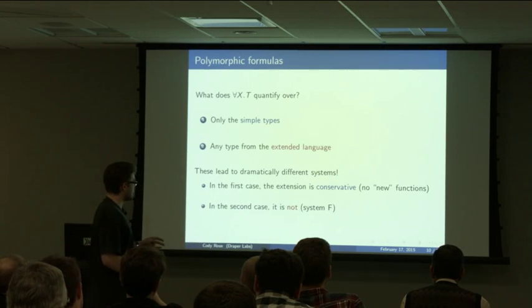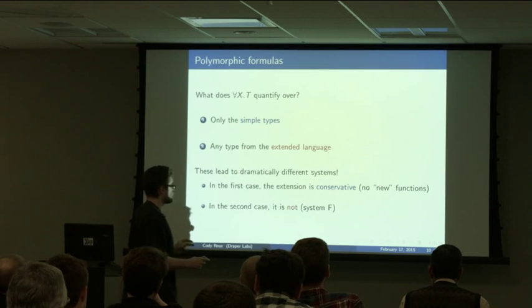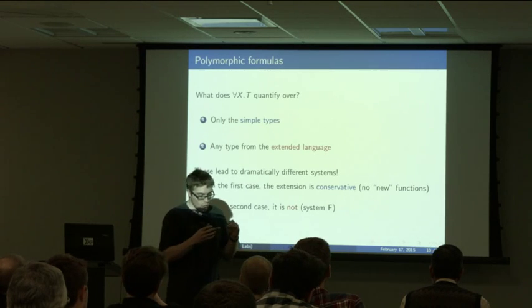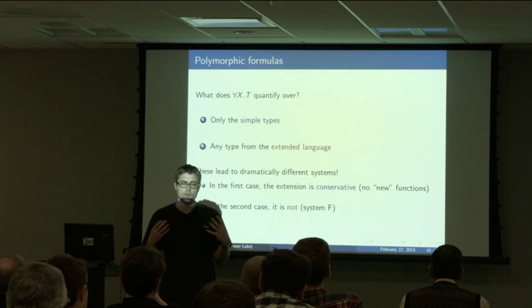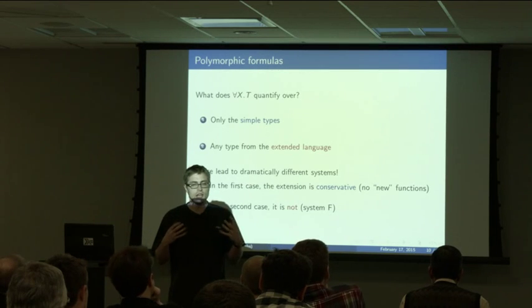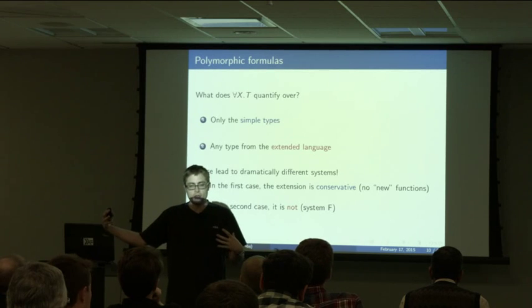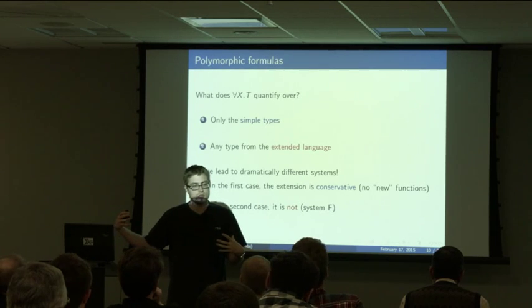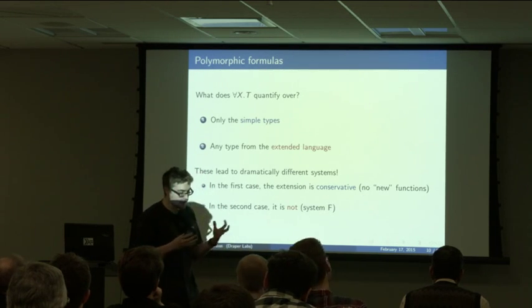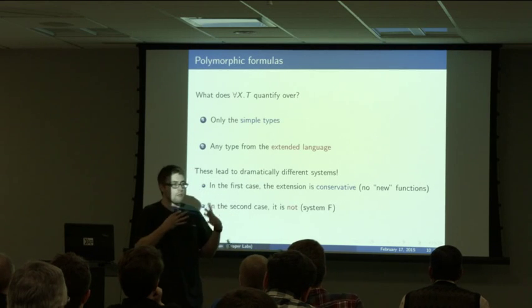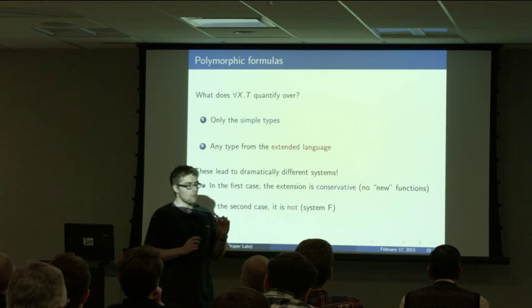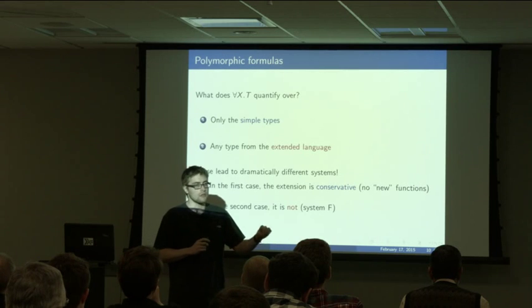So you actually get two completely different things. In the first case, you have what's called a conservative extension, which means your typing is more flexible, but in some sense, you don't have any programs that you couldn't somehow write in your old language. Okay, you have the simply typed lambda calculus ++, where you have more flexibility, but not more expressive power.